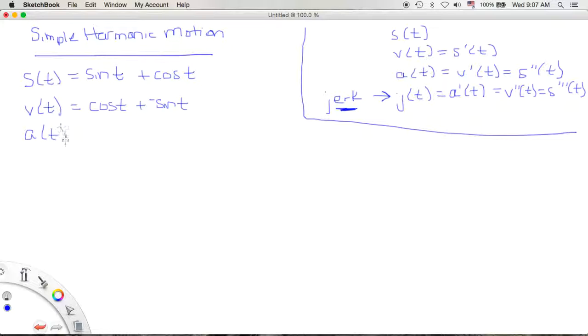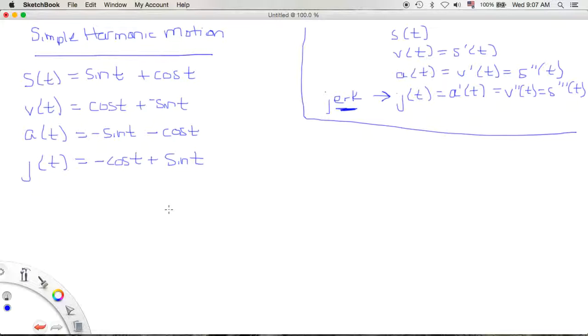Our acceleration is the derivative, take the derivative again, so we have negative sine t minus cosine t, because the derivative of negative sine would be negative cosine. And then the jerk would be the derivative of that: the derivative of negative sine is negative cosine, and the derivative of negative cosine is positive sine of t.